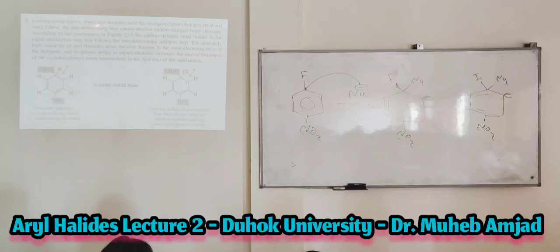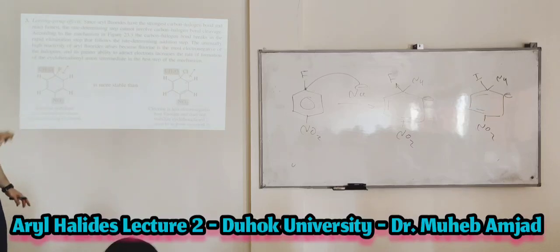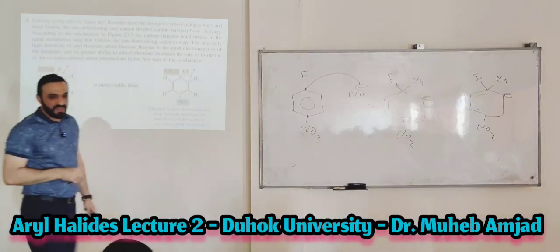Look, the leaving group, aryl fluoride, has the strongest carbon-halogen bond and reacts faster in the rate-determining step. The carbon-halogen bond cleavage is not involved in it. For this reason, according to our mechanism, we have addition, and the second step is elimination. The high reactivity of aryl fluoride arises because fluorine is the most electronegative of the halogens.